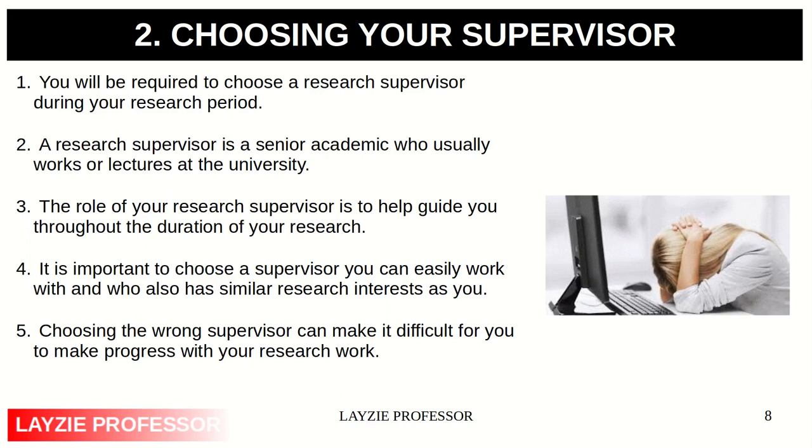And sometimes the difficulty can actually prevent you from carrying out your research. So it's very, very important that the issue of supervisor is looked at critically as a research student. If you're a student, the issue of choosing your supervisor is something you should look at very critically.